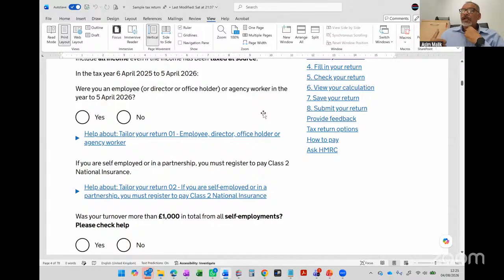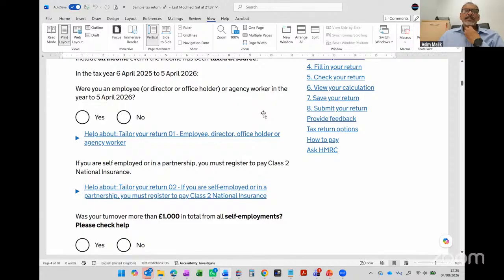Similarly, you started a business, or you don't know where this business is going. As an example, you set up an online selling platform on Amazon or eBay. It may be doing something, it may not.